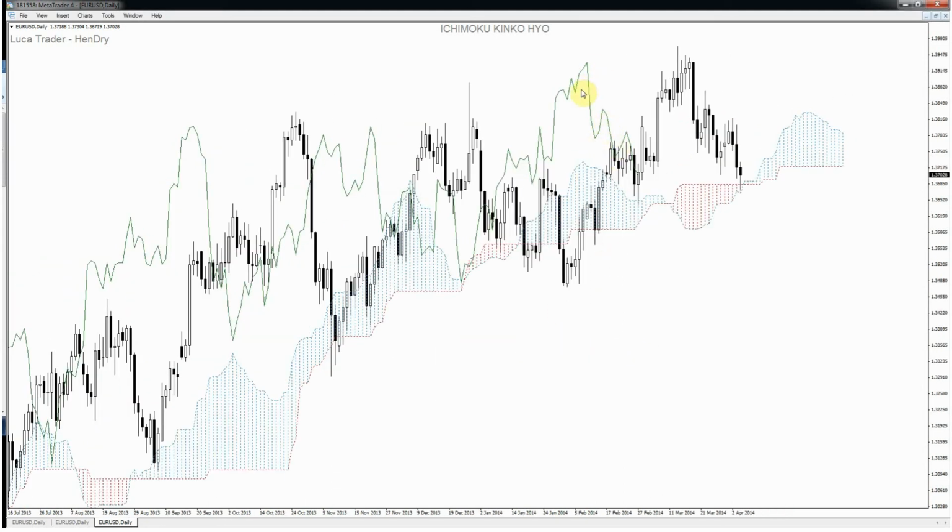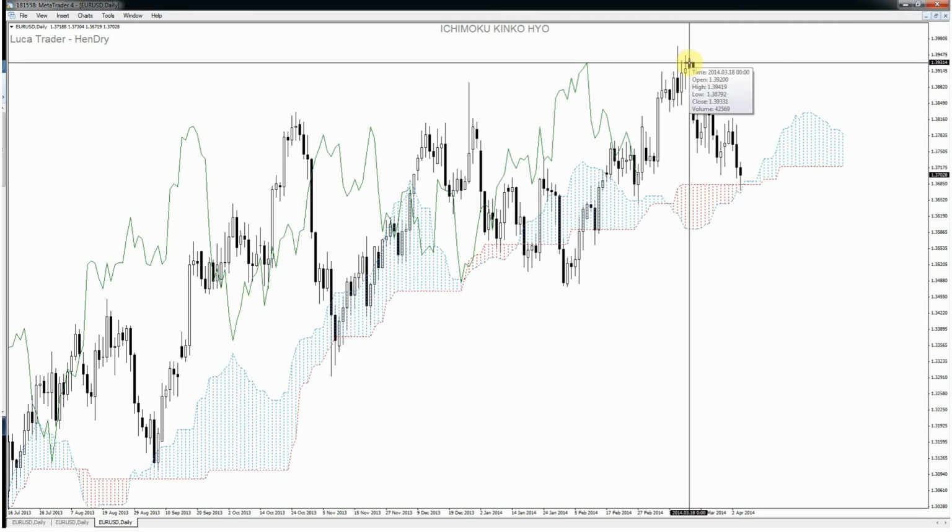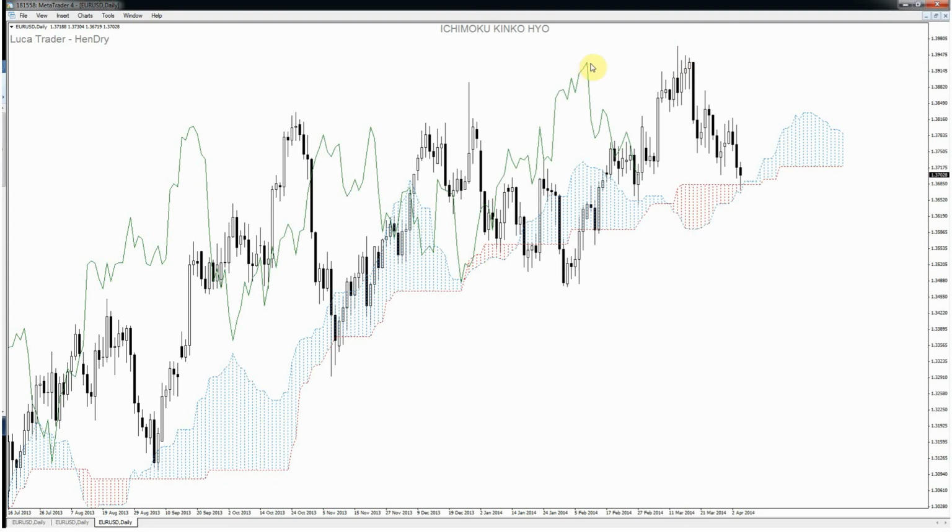The Chikou span calculation is that the current price is shifted 26 days behind. For example, at this market here, the close price is shifted 26 days ago, and you can see the point here.